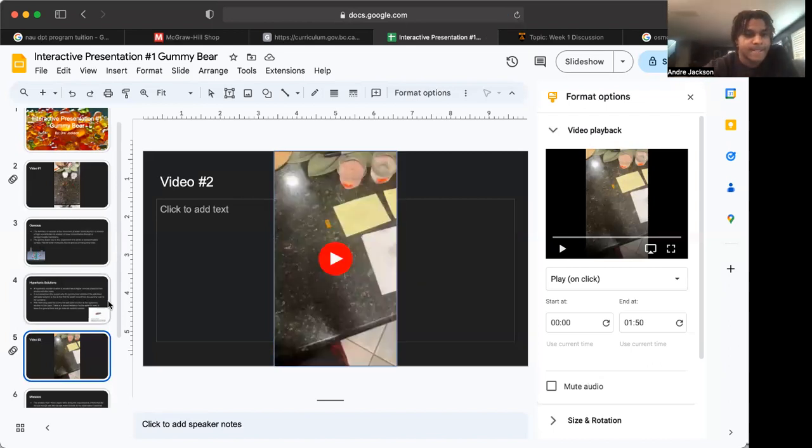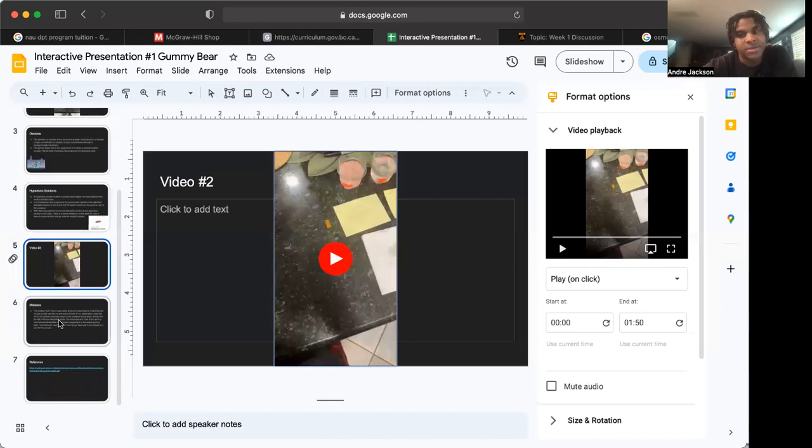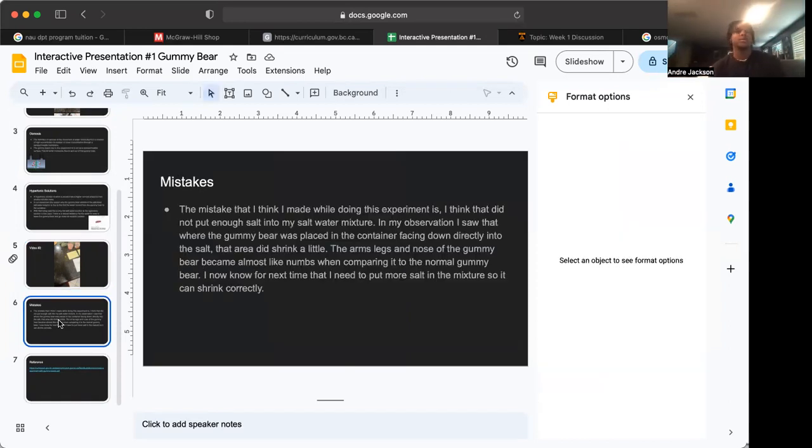Perfect. So let's go deeper into the mistakes that I made in the experiment. The mistake I think I made is that I did not put enough salt into my salt water mixture.